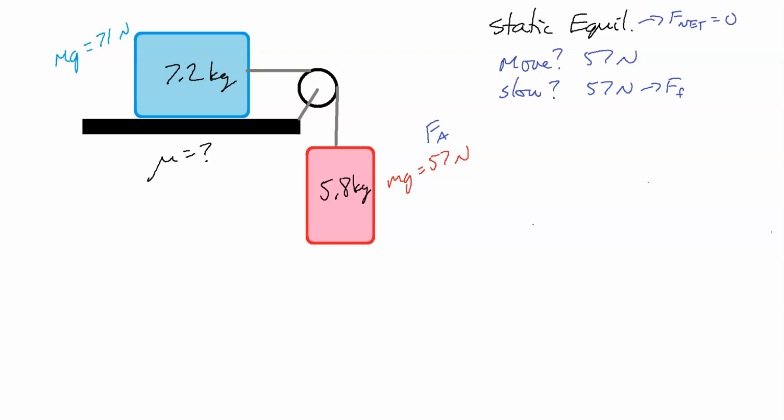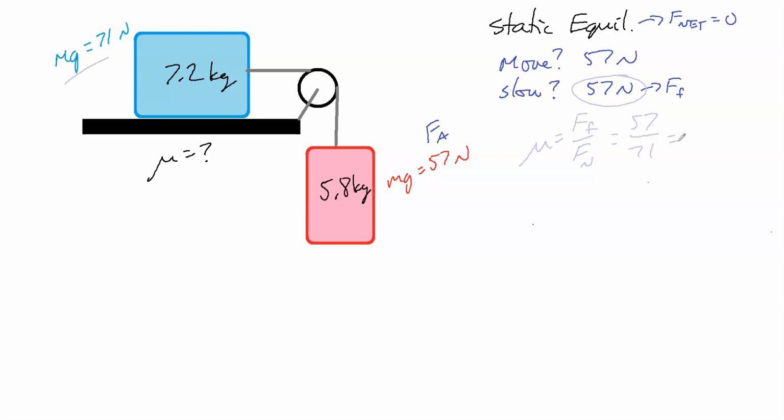So if I use that idea, coefficient of friction is Ff over Fn. Now I figured out my force of friction's got to be 57 to cancel out the applied force of 57. My Fn, well, that would actually be the 71, because it's the blue box that actually has the normal force and is causing the friction. So I'm going to use that 71.